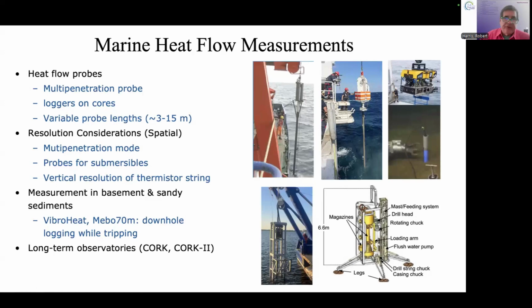You can put a thermistor string in them. The seals are called corks, circulation obviation retrofit kit. But anyway, it seals the top of the borehole to help reduce any circulation between the ocean and fluids within the borehole and get a good temperature depth profile that way.